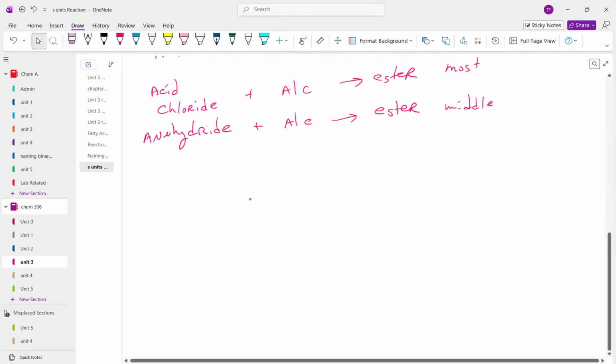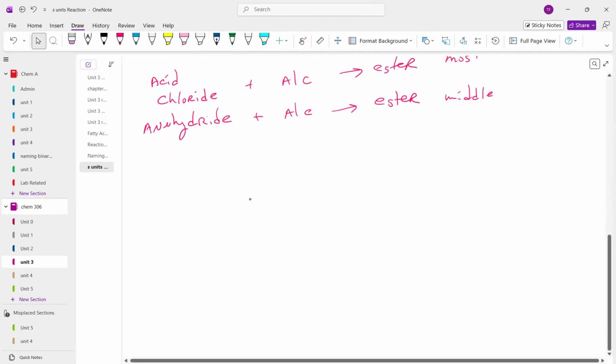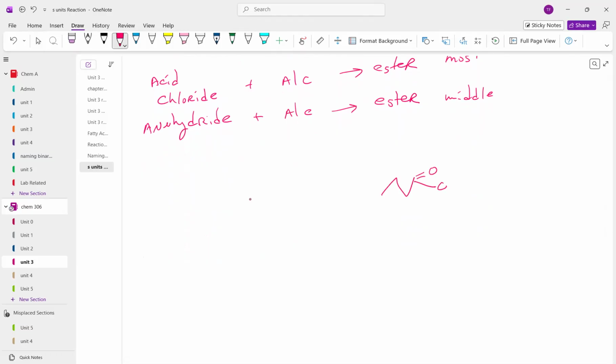Okay, so let's look at an ester. So we've got 1, 2, 3, 4. So it's a 4 carbon acid, and a 3 carbon alcohol.